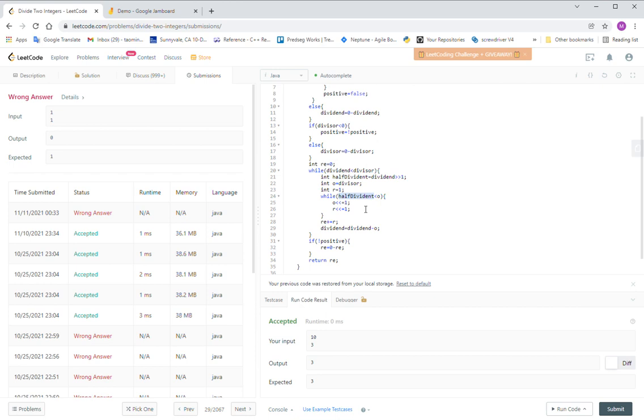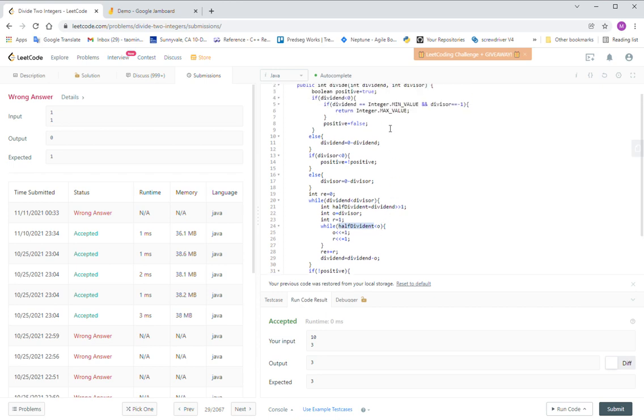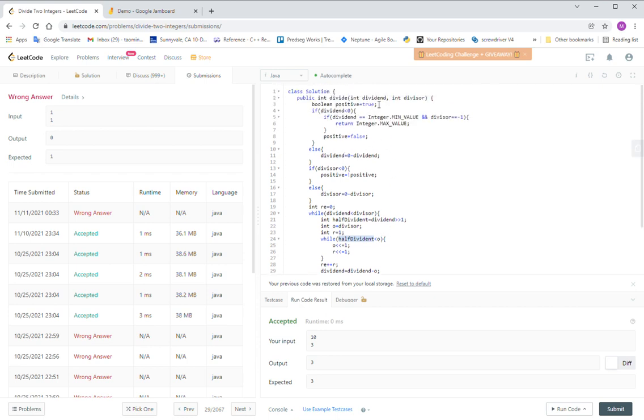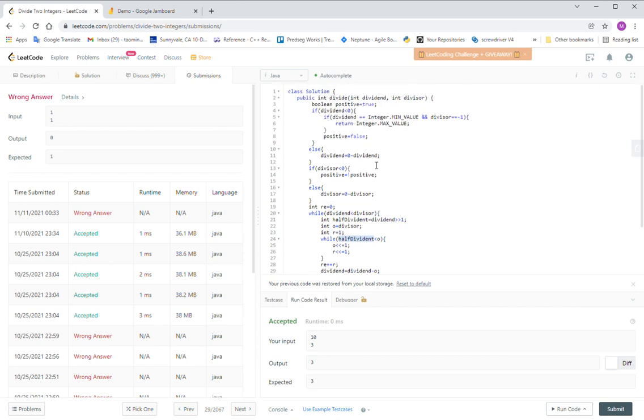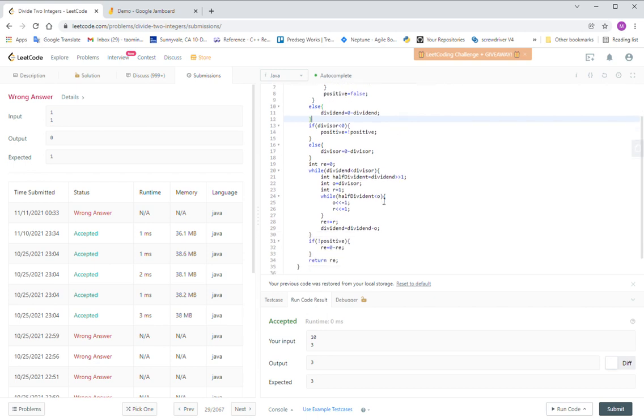So if input is 1, after this, both are changed to -1. So the -1 did not go to this one.